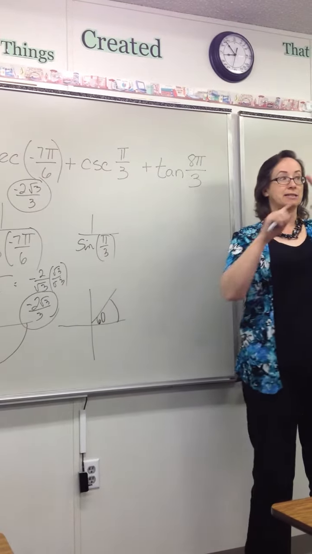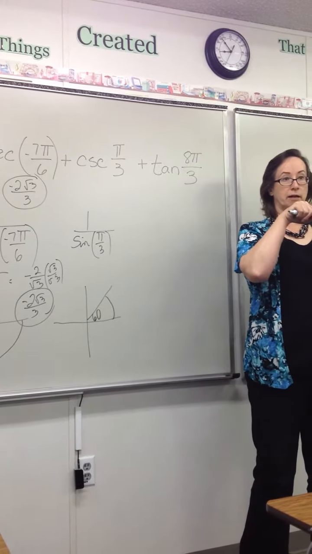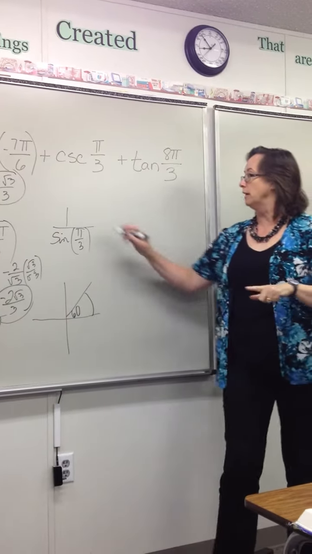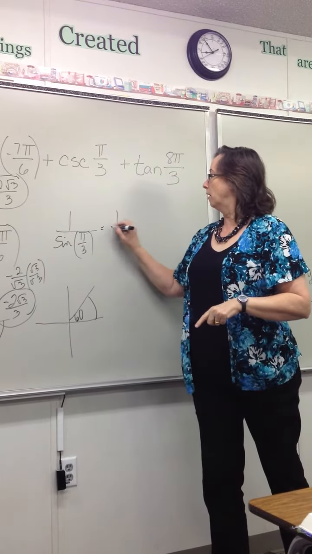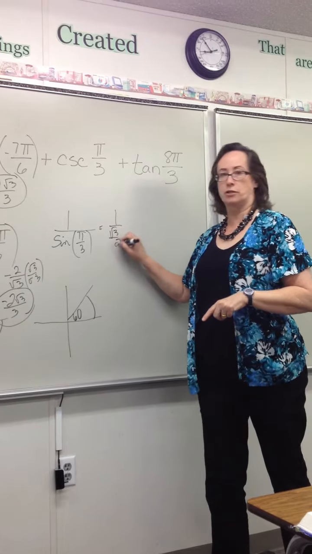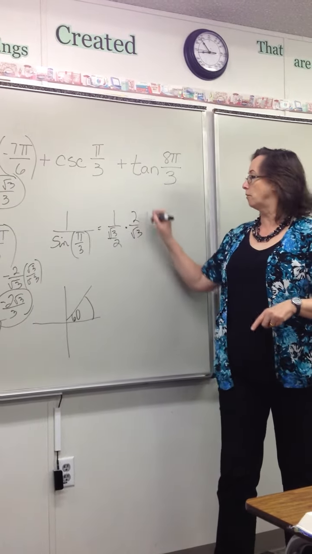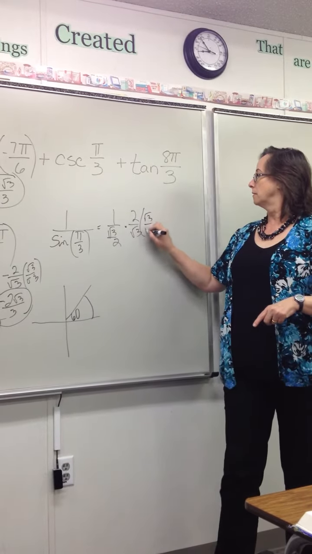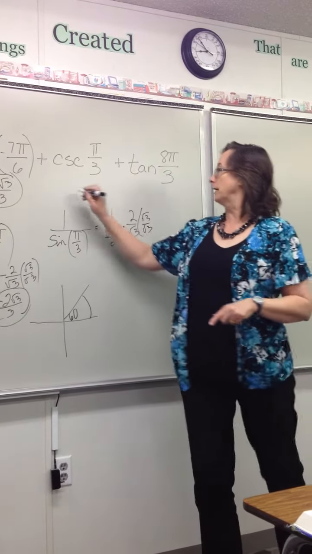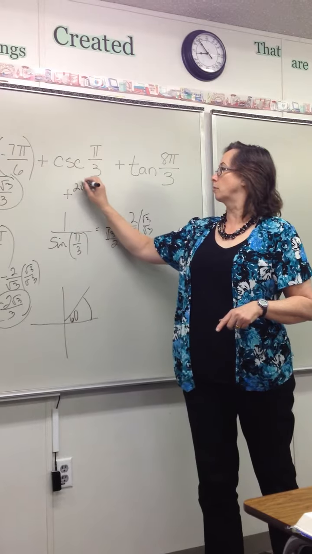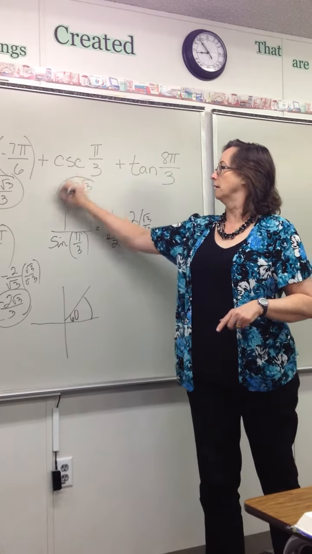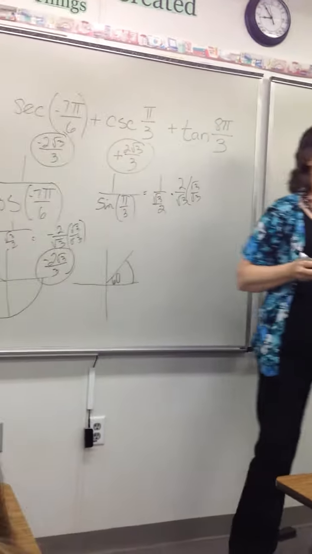And the sine of a 60 degree is the tall one, right? So it's going to be 1 over the square root of 3 over 2. So that when I flip it, it's going to be 2 over the square root of 3, or what? 2 square root of 3 over 3. And it's going to be plus 2 square root of 3 over 3. Well, those two are going to cancel each other out, aren't they?